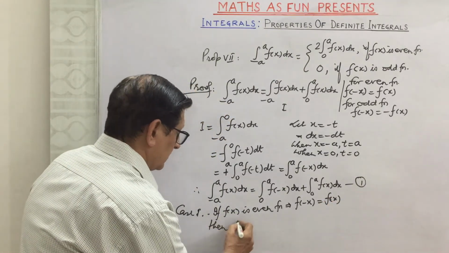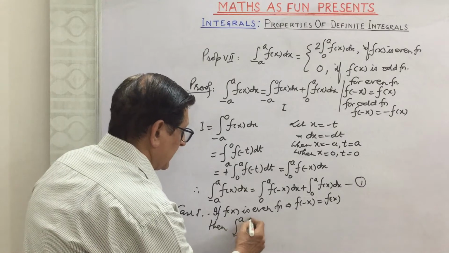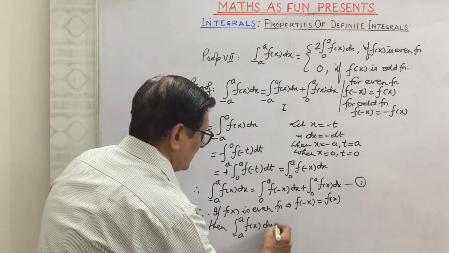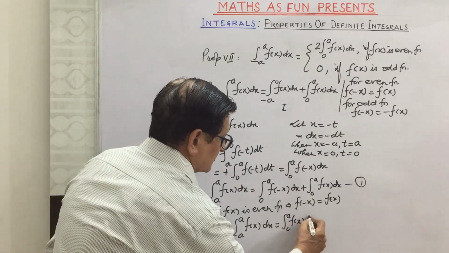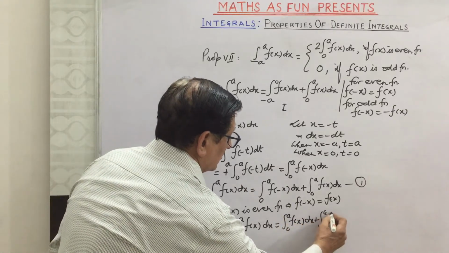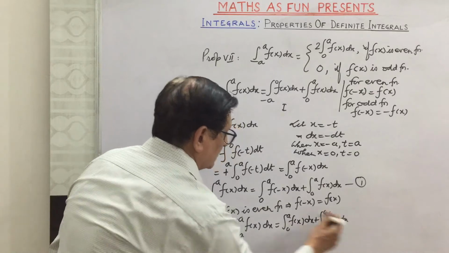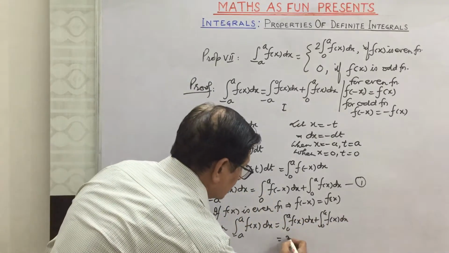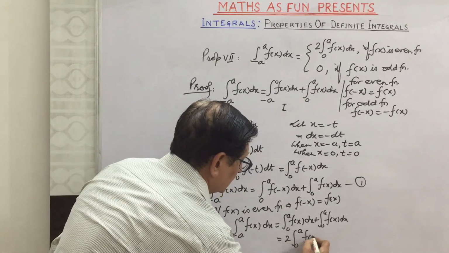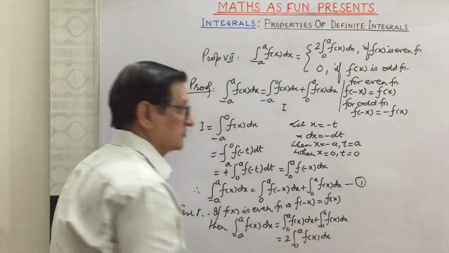Then integral minus a to a f(x) dx will be integral 0 to a f(x) dx plus integral 0 to a f(x) dx, because this has become f(x). And we can write this as twice of integral 0 to a f(x) dx.